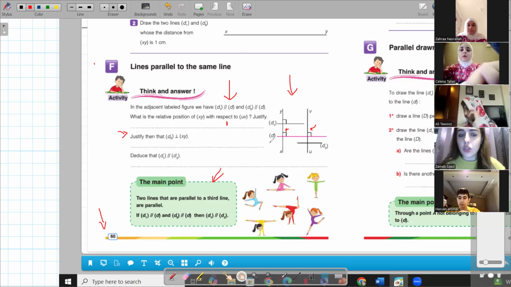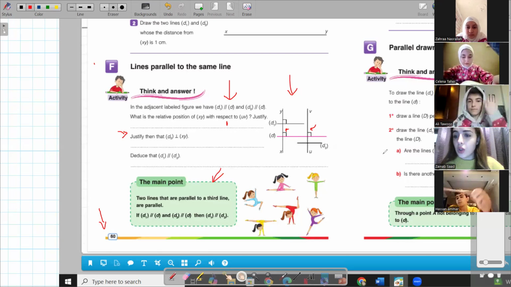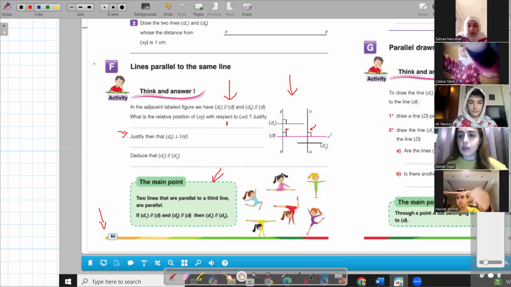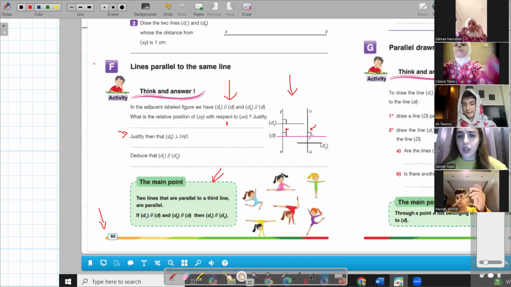They need me to justify why D2 is perpendicular to XY. So who can remind me? Ali Tawus, can you remind me why it is perpendicular? What did we say yesterday? I mean, Wednesday.